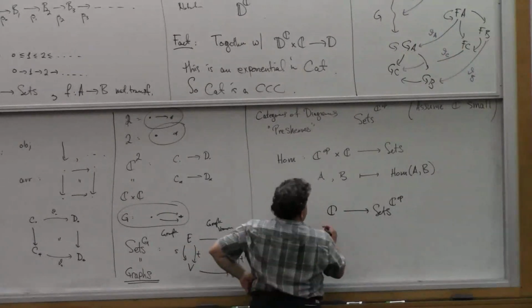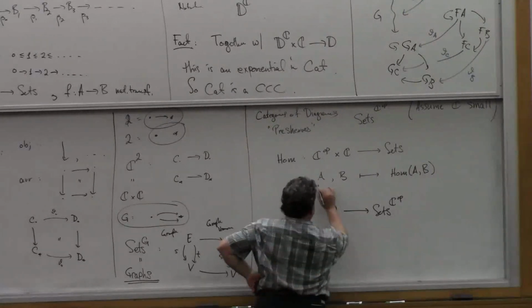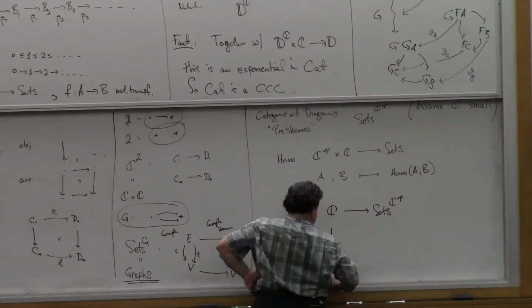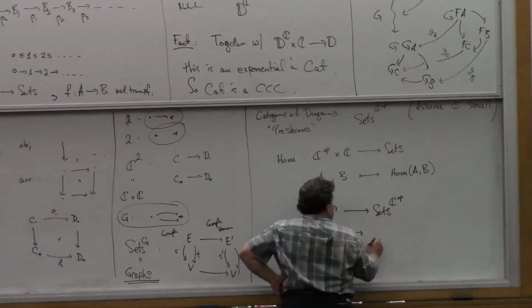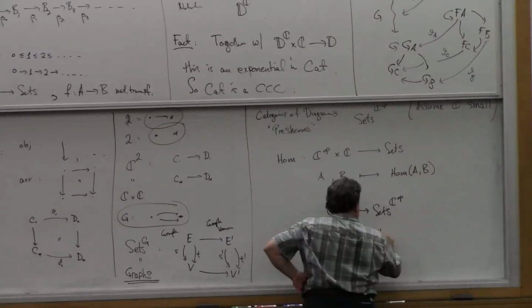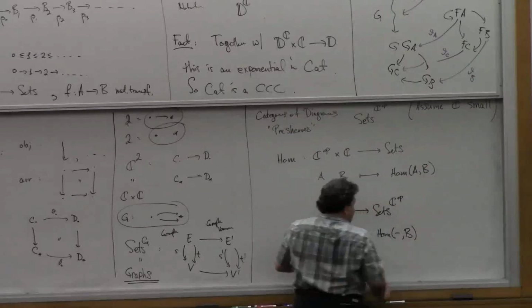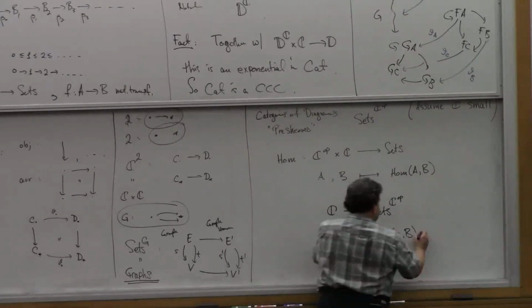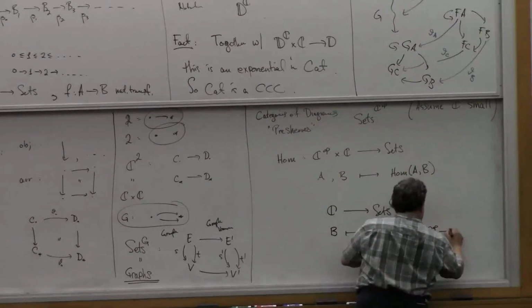So what does it do? It takes an object, say, I was using A for the contravariant argument, so let's use B for the covariant argument. It takes B to the functor Hom blank B. So this is a functor from C op into sets.